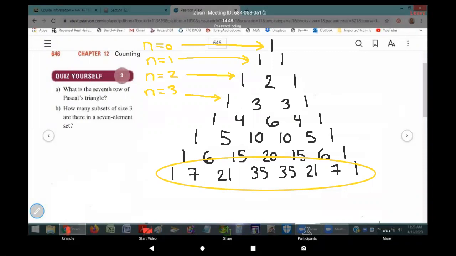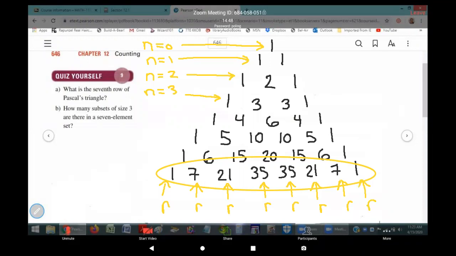So N is your row number. We start counting at row 0. R is also a position. It's the position in your row. So N is the row number, R is the position in the row.